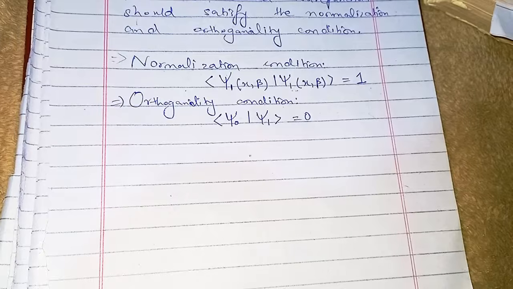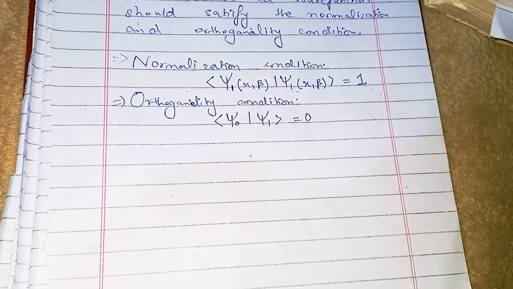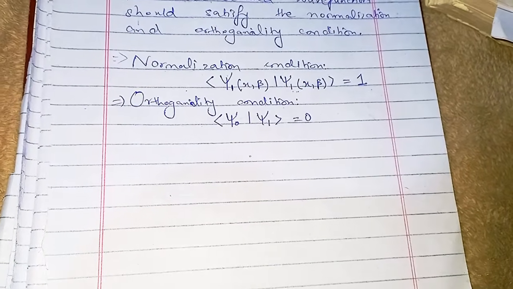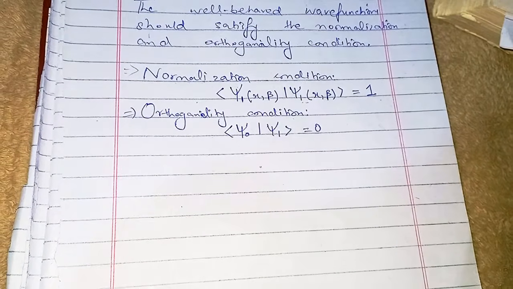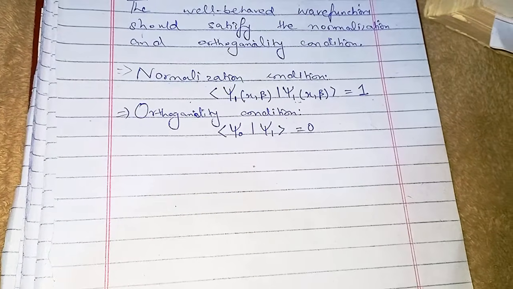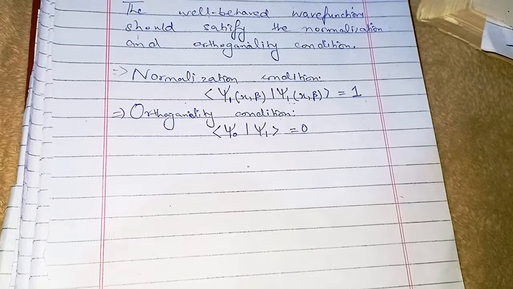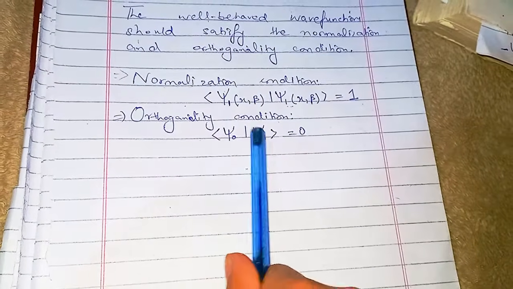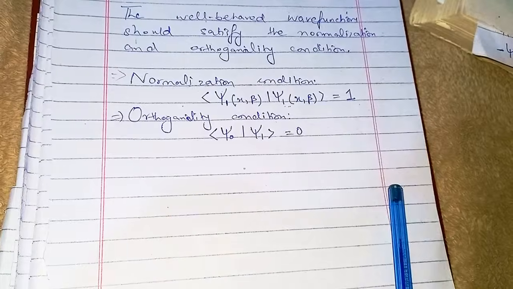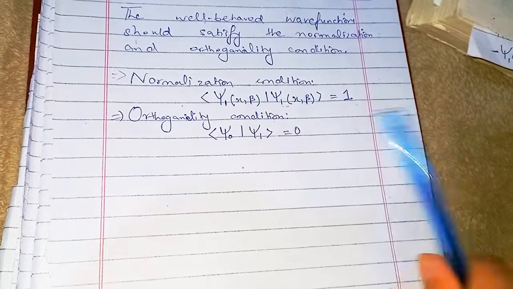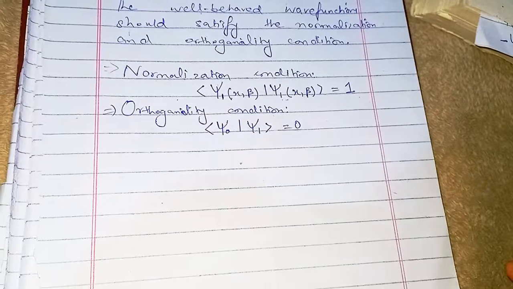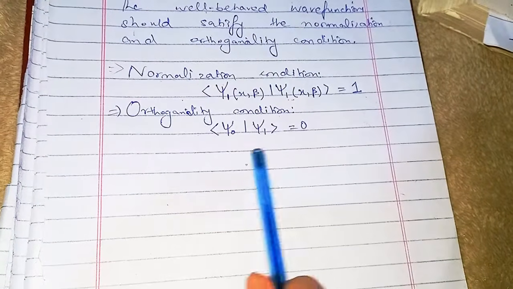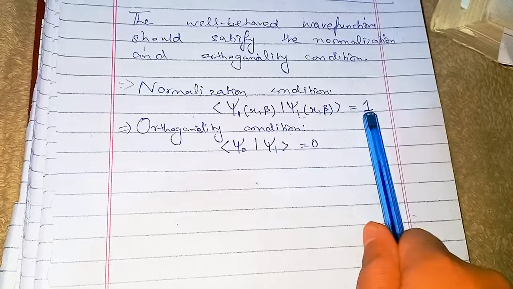Okay, orthogonality condition tells us that psi 1 and psi 0 are unique on their own and they are linearly independent of each other. Okay, so orthogonality condition tells us about the uniqueness of the solution. Alright, so psi 0 will be unique to psi 1, and later states psi 2, psi 3, psi 4, they're all orthogonal to each other, which means they are linearly independent of each other. Okay, so that is the orthogonality condition and that's the normalization condition.